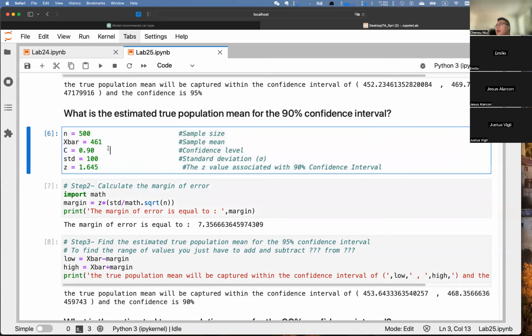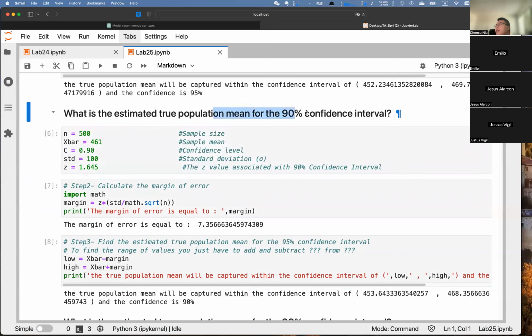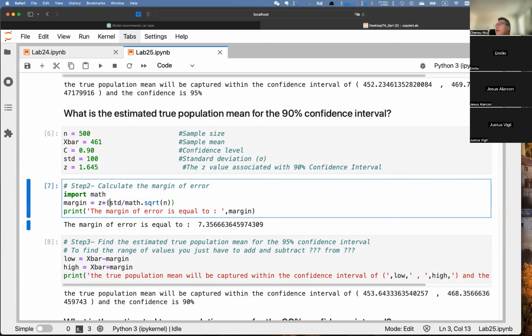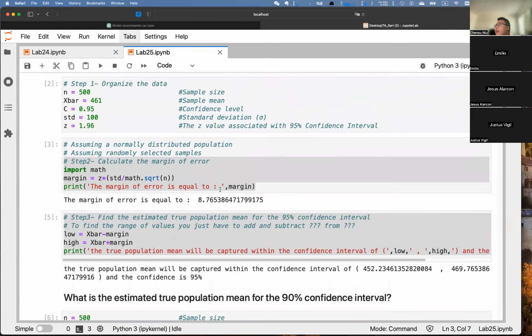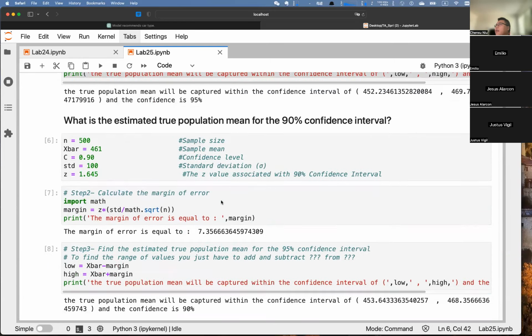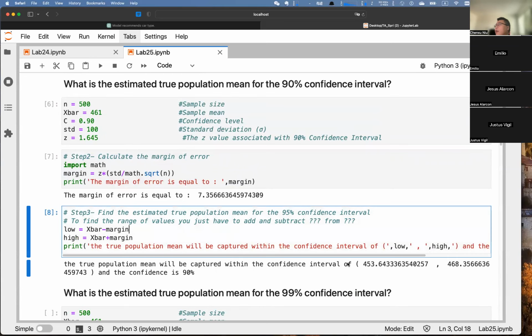In this example, because Z is smaller, the margin is smaller: 7.33 is smaller than 8. And the range of the values is smaller, since it's only a 90% confidence level.